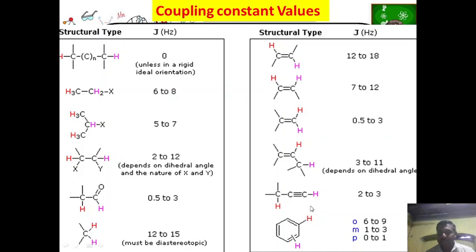Then in the benzene ring, there are ortho, meta and para positions. The ortho coupling constant is 6 to 9, the meta coupling is about 1 to 3, and the para coupling is about 0 to 1.